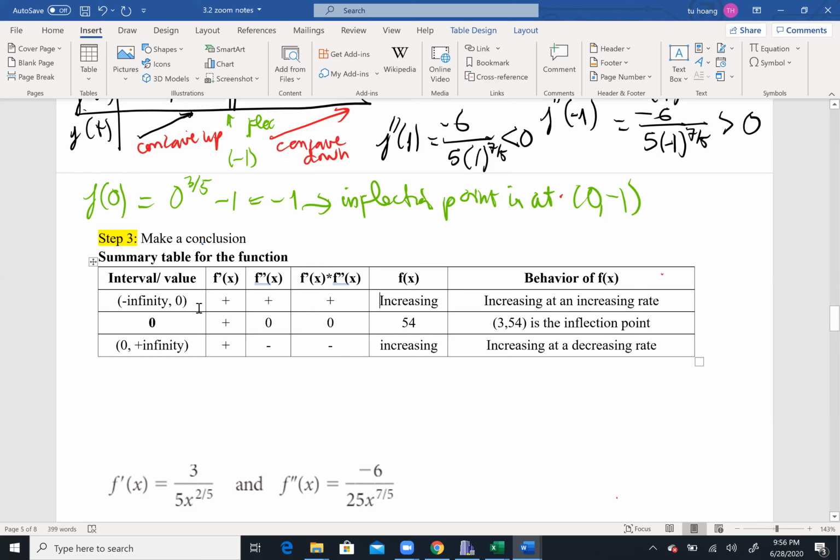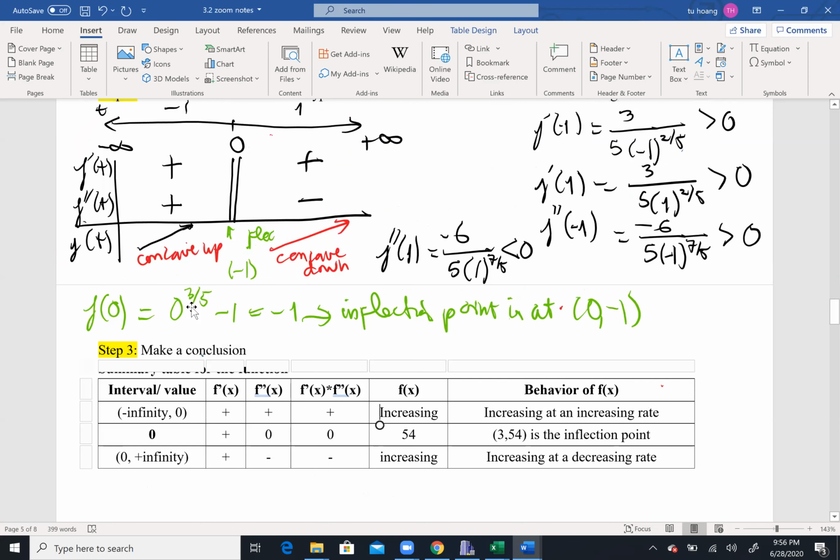And then now for the first interval, okay, let me move up a little bit. You see that the first derivative is positive, second one is positive, product is positive, then you're going to say f(x) is increasing and behavior has to be increasing at an increasing rate.